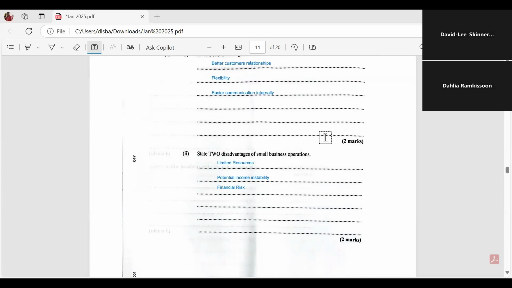They have greater financial risk because of these fewer resources, and the income can potentially be unstable, meaning one month you make a certain amount of money, the next month you make way less, next month you make way more, and so forth, right? It's also difficult to attract high level labor because the high level labor will want to go to the large businesses that could pay more.